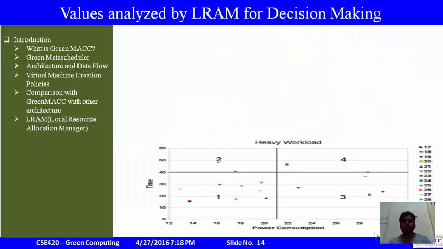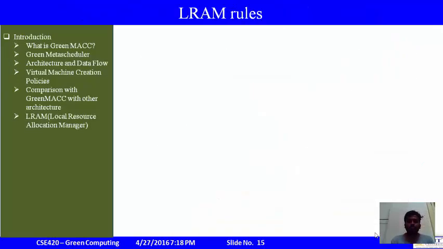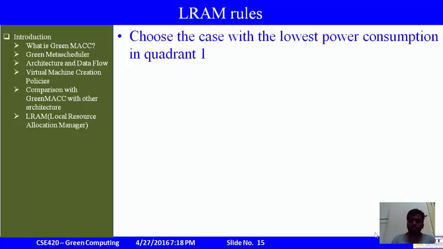Now the various values analyzed by LRAM for decision making. Here we have the time versus power consumption graph for light workload and heavy workload. The four quadrants have been mentioned and the various time versus power consumption points have been plotted in the graph. Based on this time versus power consumption, we have various LRAM rules.